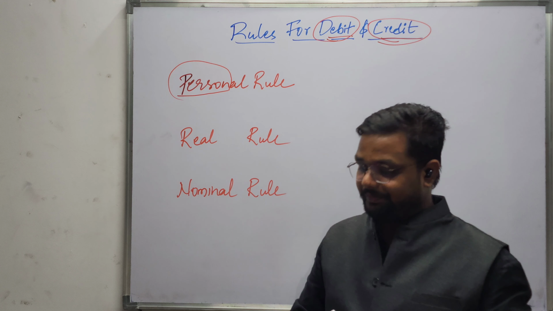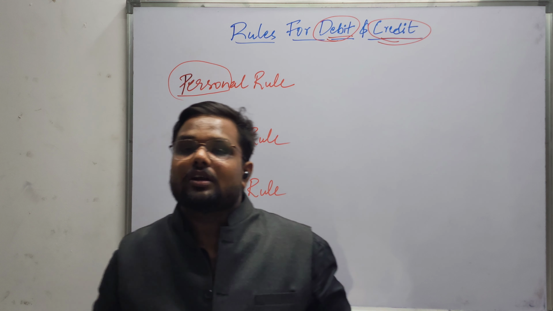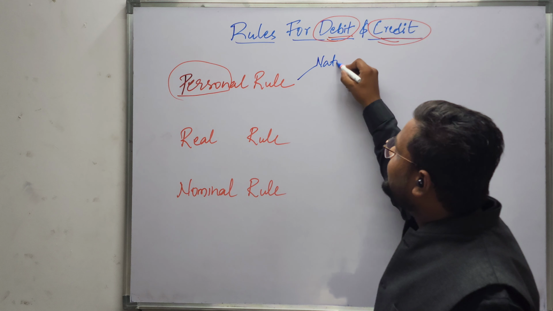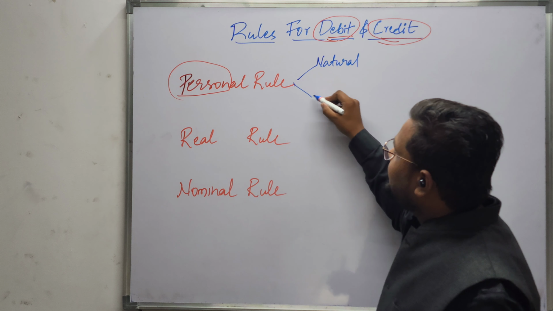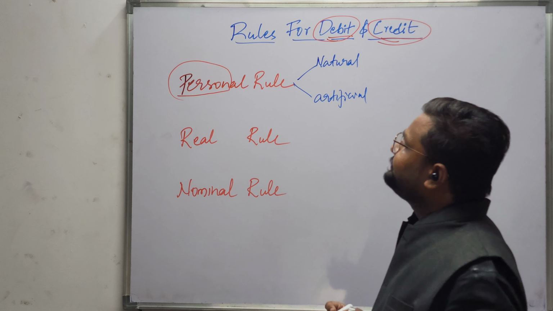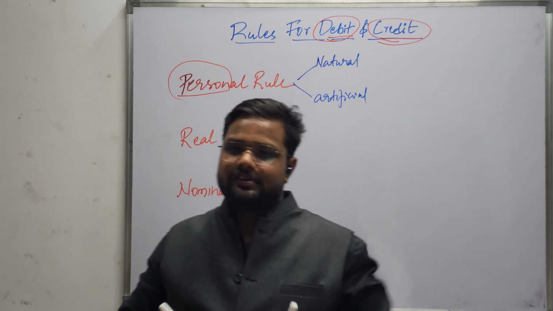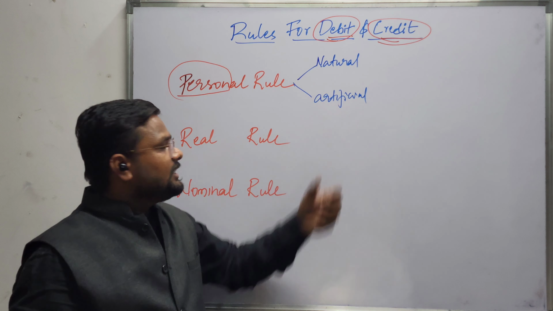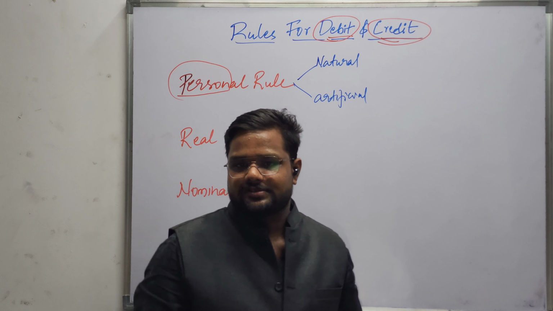Now person is of two types. One is natural person, the other is artificial person.